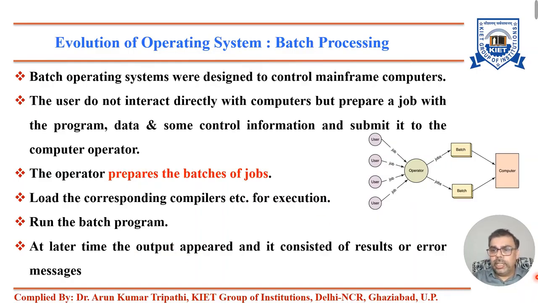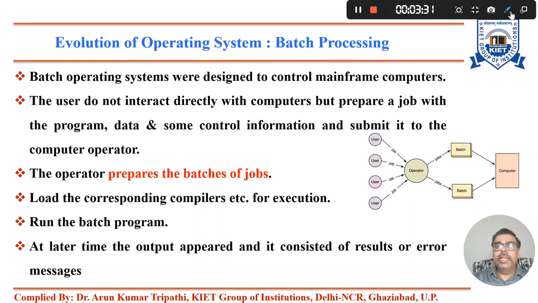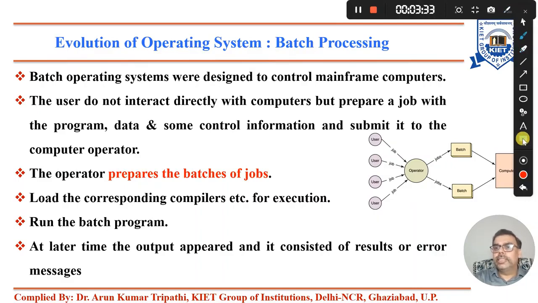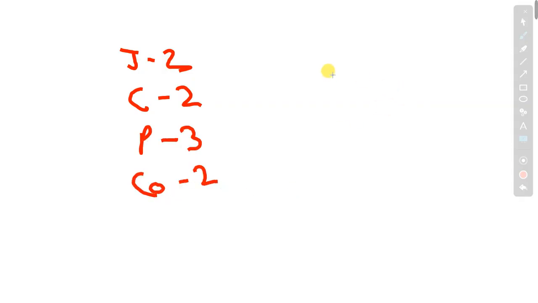This can be explained better with an example. Suppose that I have Java program 2, C program 2, Pascal program 3, and COBOL program 2. So these are the programs.